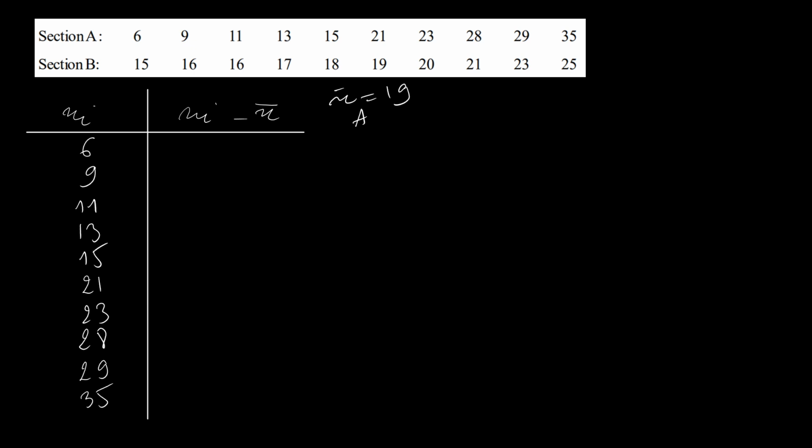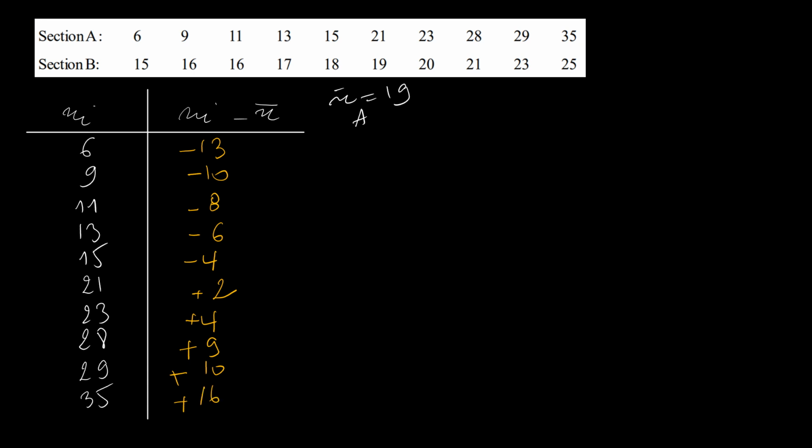So xi minus x bar: 6 minus 19 is minus 13, 9 minus 19 is minus 10, minus 8, minus 6, minus 4, plus 2, 23 minus 19 is plus 4, plus 9, plus 10, and finally plus 16.